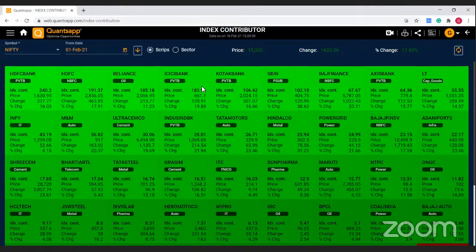for your daily trades, and you can see how these stocks are getting affected by the option writers and how much contribution they are giving to the index. So this was about the index contributor tool. I hope you have understood how you can use this tool to know the Nifty and Bank Nifty movement, which stocks are contributing positively and negatively to the index.